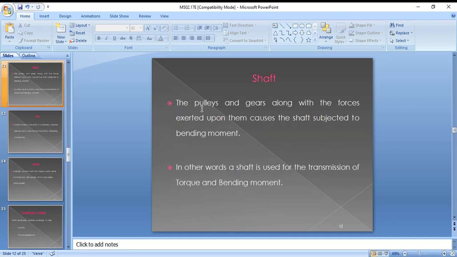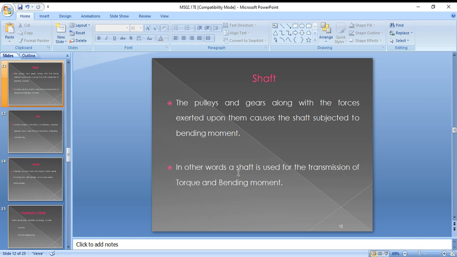The pulleys and gears, along with the forces exerted upon them, cause the shaft to be subjected to bending moment. Generally a shaft has only torque. If the shaft consists of pulleys and gears, there is a chance of external force applied on the shaft, and due to that there is a bending moment also.